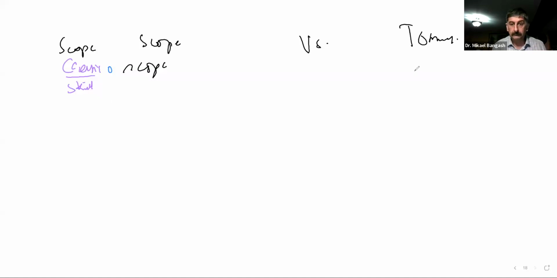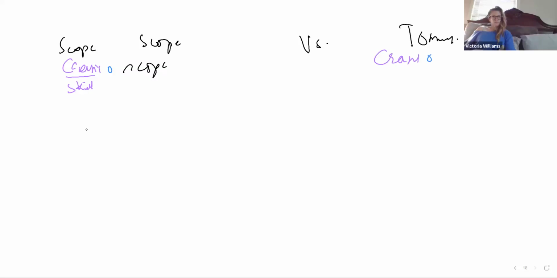But before we had scopes, what would they do if they had to do surgery on the brain or inside the skull? Drill? They still drill, but then that would be called a craniotomy, right? Yeah, that's true.